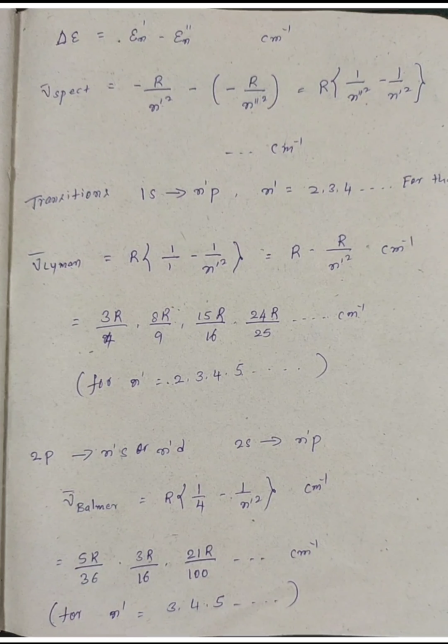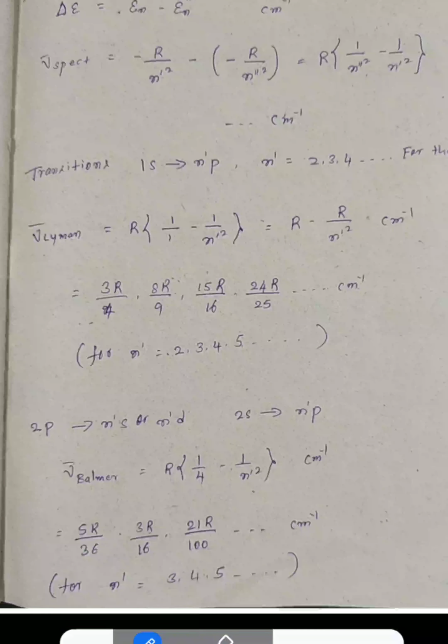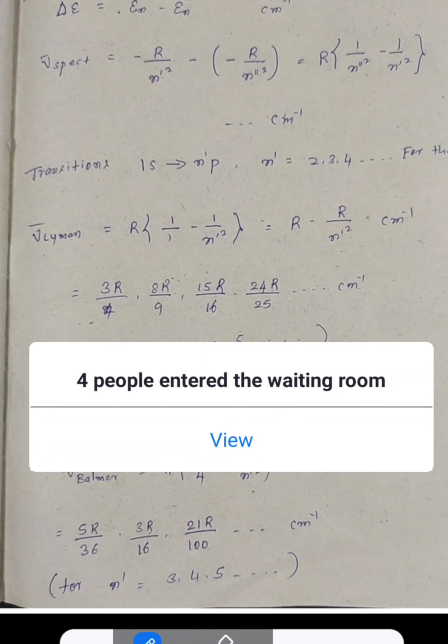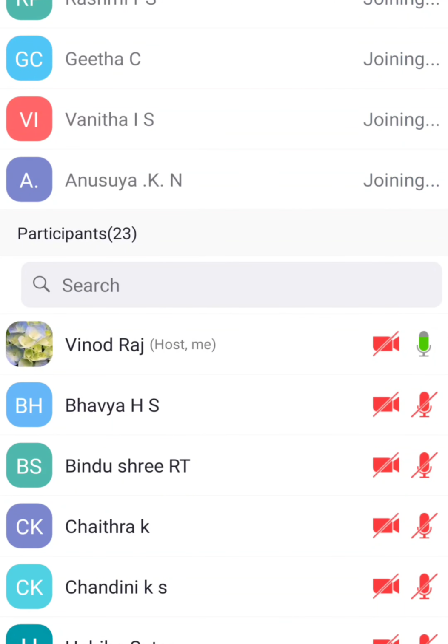For this we get the absorption line or emission line like this: nu bar Balmer is equal to R into 1 by 4 minus 1 divided by n dash square, in centimeter inverse.